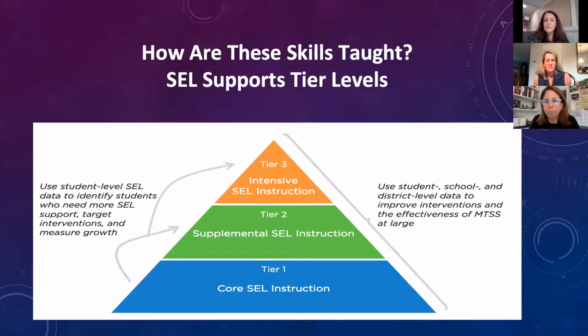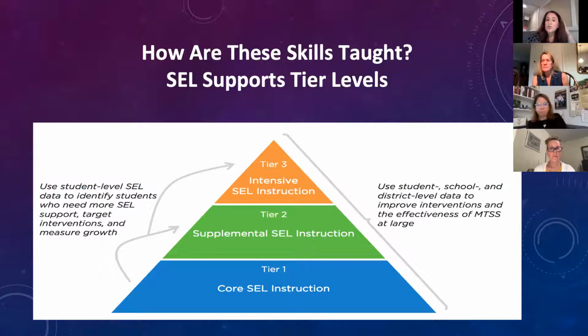You'll see at the bottom is tier 1. That's because the purpose of tier 1 is to support all students. We're going to be going into tier 1 in this presentation, so I'm going to scoot right up to tier 2, which is in the middle of the triangle. Tier 2 is for students that are needing more support than tier 1. It really can be for anything: academics, social, emotional, behavioral, whatever that may be.